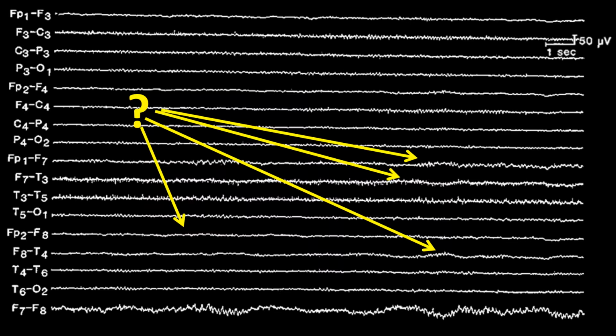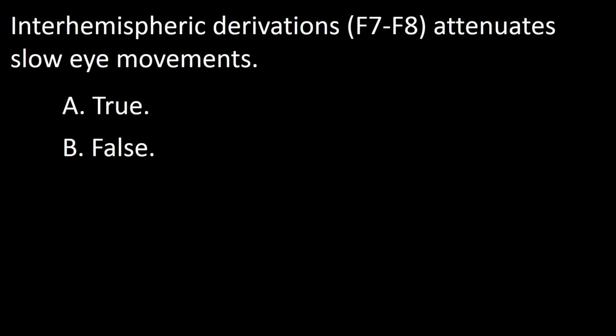But as you can see, creating an interhemispheric derivation using F7 and F8 makes it easier to see the artifact. Remember, the displacement of the eyes as recorded from F8 and F7 are not synchronized. So the answer to this question is false.